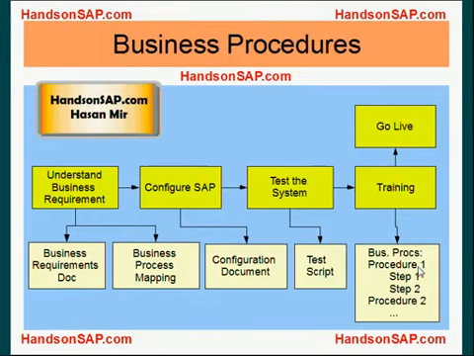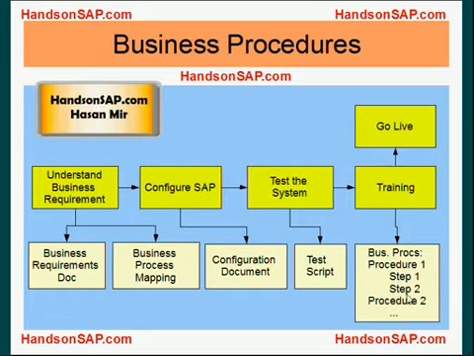For example, invoice entry could be one business procedure, journal entry could be another, posting data could be another. So what would be the exact steps that you need to follow? Anybody should be able to read these steps and perform the business procedure. So it's called a business procedure document. It's a very good practice to create that as well.